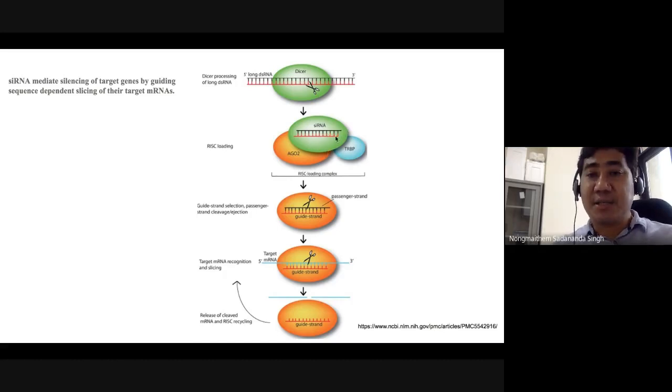But here, what I'm saying is that after being processed by Dicer, these siRNAs bind to the RISC complex, and in the RISC complex, just like the microRNA, one of the strands of the double-stranded RNA is going to be degraded. This degradation of a particular strand depends on the GC content or what kind of ends are there.